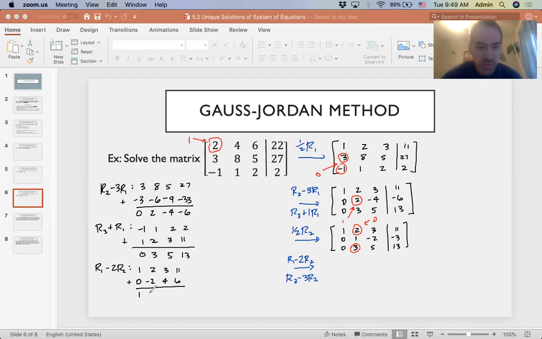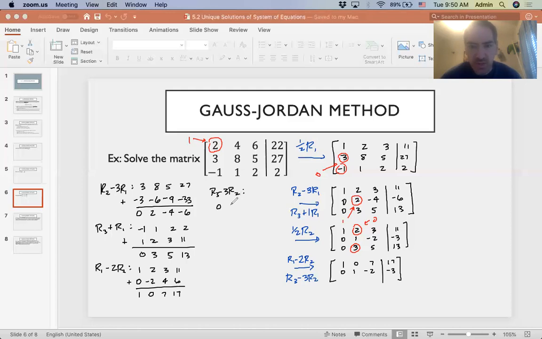We get 1, 0, 7, 17 for row 1. Row 2 stays the same. And now for row 3, minus 3 times row 2.